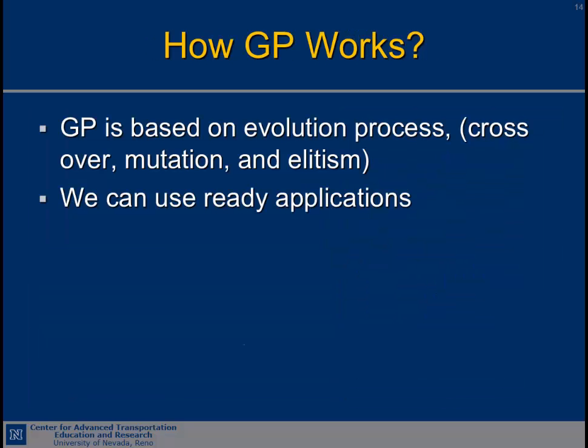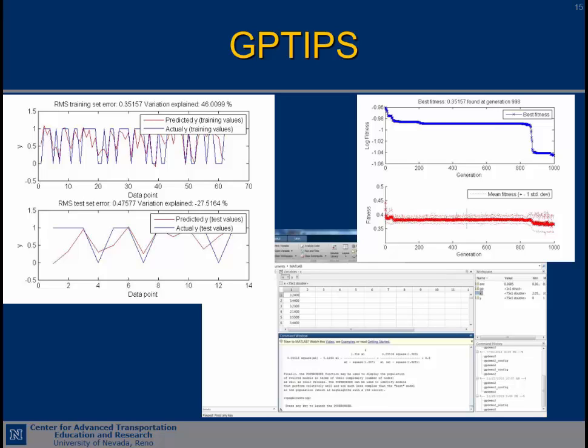GP uses an evolution process, I mean crossover, mutation, and other operators that you usually see in evolution. It is a little bit difficult to program that process, but you can use ready applications. I use GP tips, which is free and you can download it from the internet.